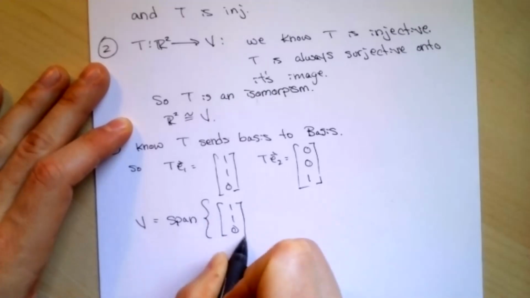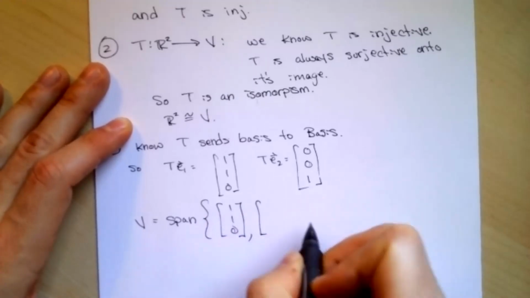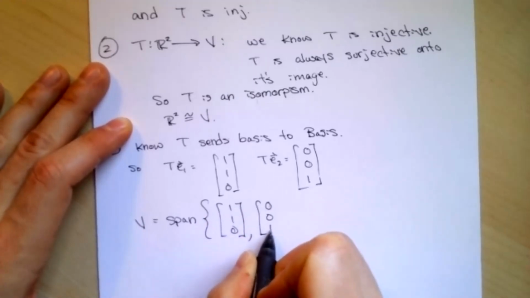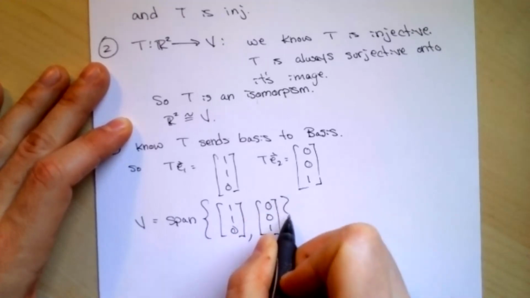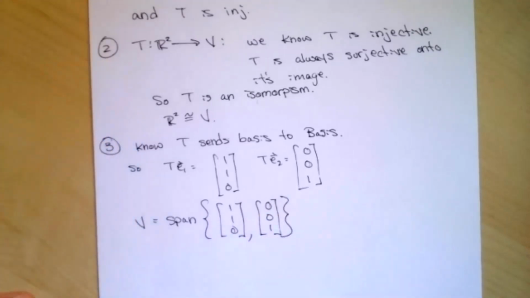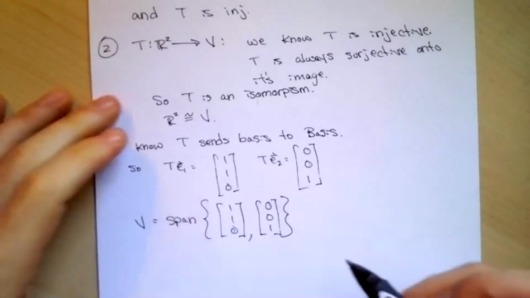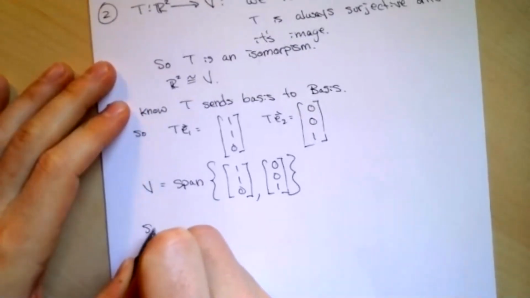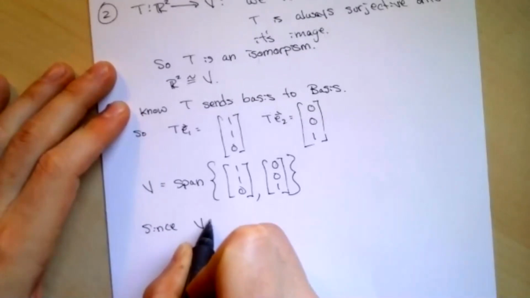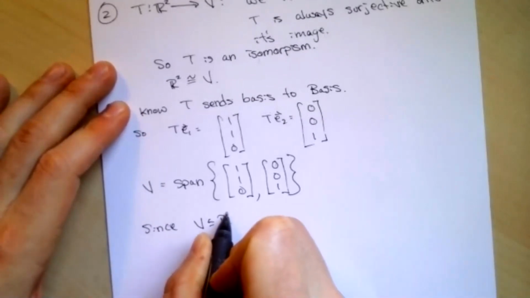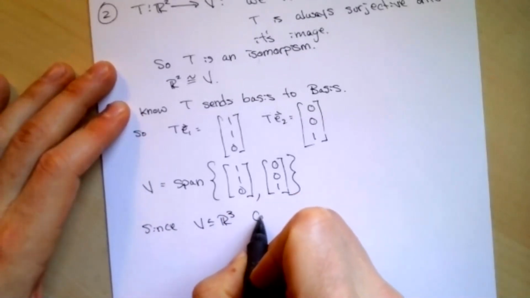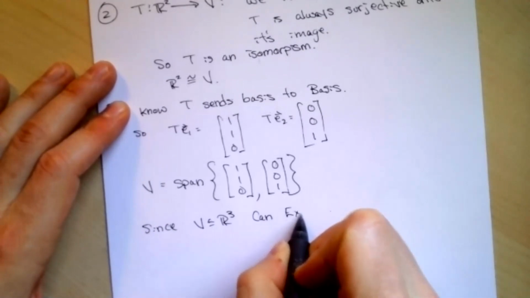So it's a quick, easy thing to just write down, but a fairly deep concept here. So not a lot of problem solving we had to do for that part, but you really got to understand why and what's going on. So we know V is the span of those two, and since V is a subspace of R3, we can extend.